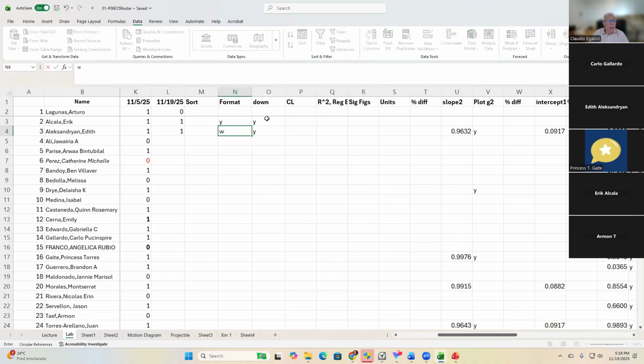And Edith is working on that. So you did sort it, right, Eric? That's what you told me. Yeah, I did both. Okay, good. So you have to fill up the tables right now. Next is Jawadia. I don't see Jawadia here. Next is going to be Arwa.